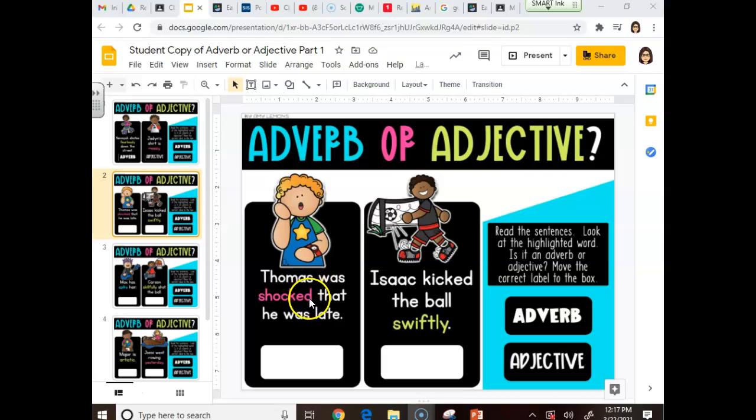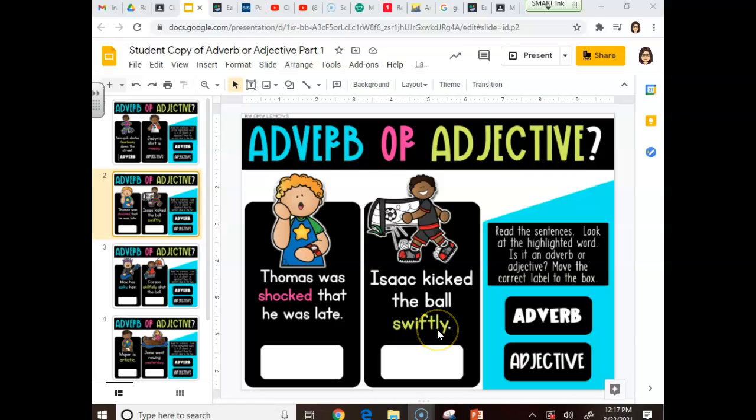All right, let's look at the next one. Isaac kicked the ball swiftly. Swiftly. All right, notice anything about swiftly? It has the suffix ly. All right, so what kind of word could it be? Could be an adverb, right? All right, so let's look at it.